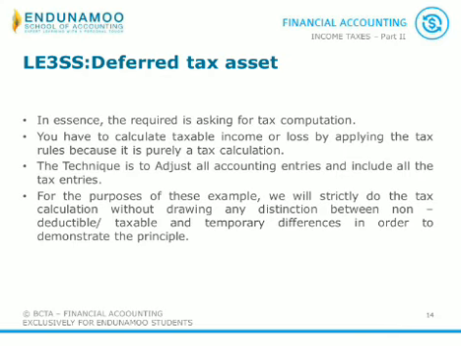Okay, you have to calculate taxable income or taxable loss by applying the tax rules because it is purely a tax calculation. The technique is to adjust all accounting entries and include all the tax entries, because remember when we covered in our first lecture, we did say that there's pure accounting concepts and then there's pure concepts that we derive using just tax legislation.